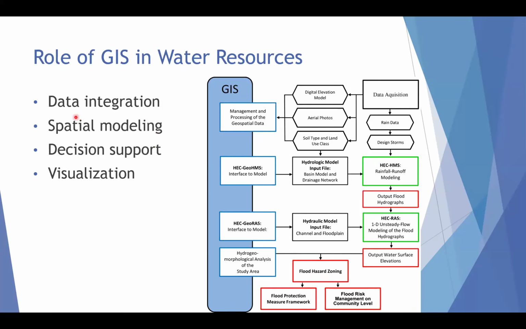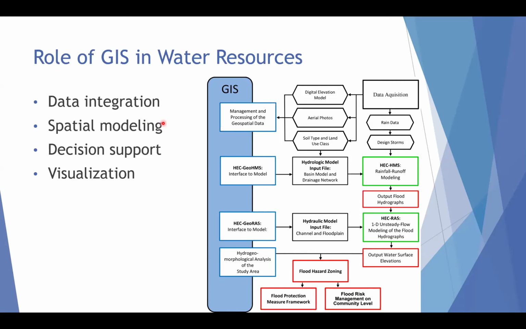Now, GIS provides a platform for data integration. That means when I said that I want to use so many spatially varying data sets for my analysis, how do I integrate these data sets?